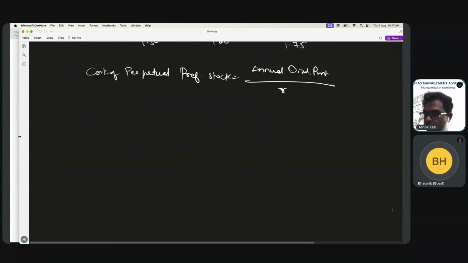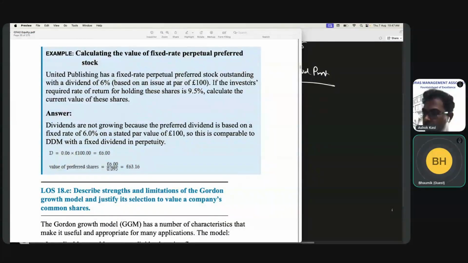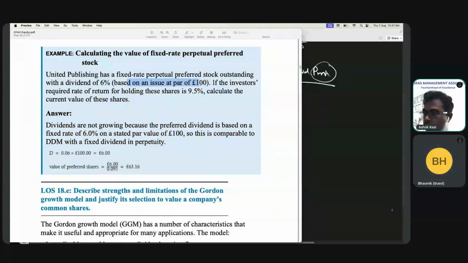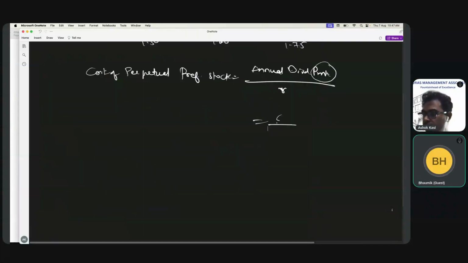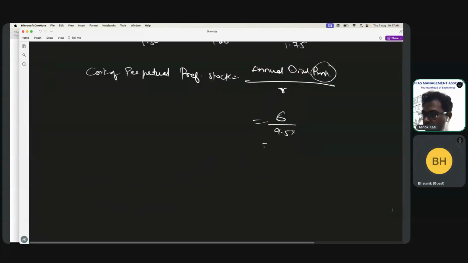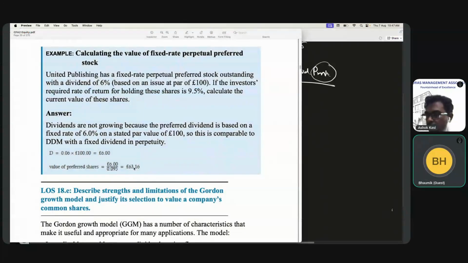Here the dividend is a payment, not a percentage. So they said 6% of 100, that means $6, divided by the investor's required rate of return, 9.5 percentage. Just calculate this. 63.15.